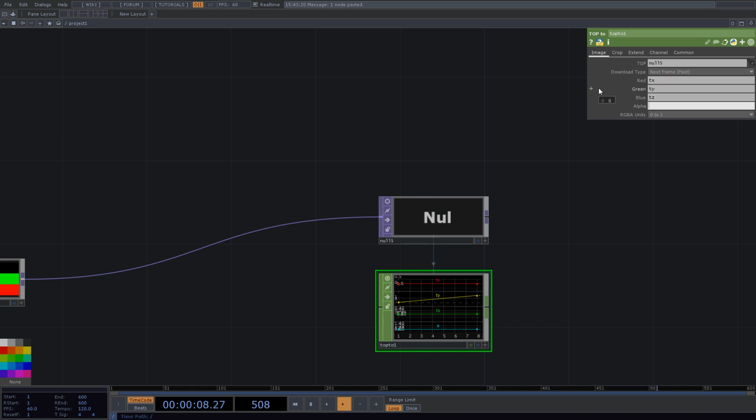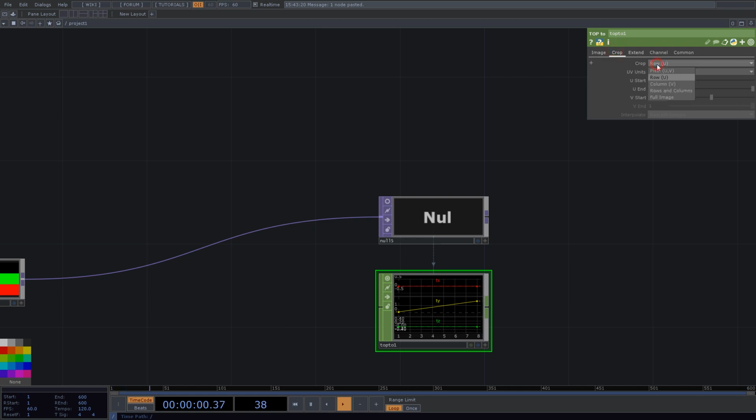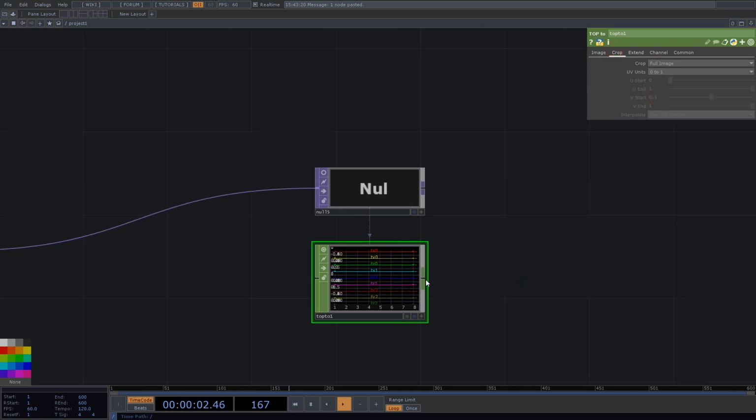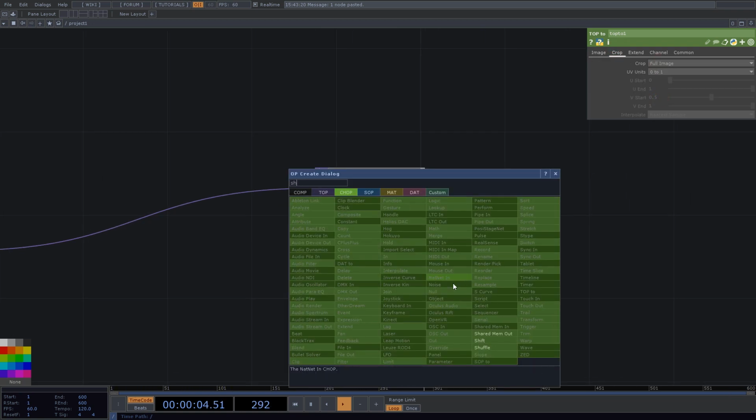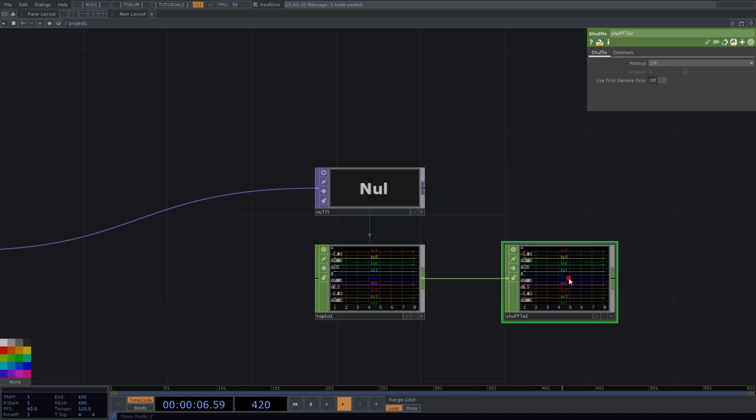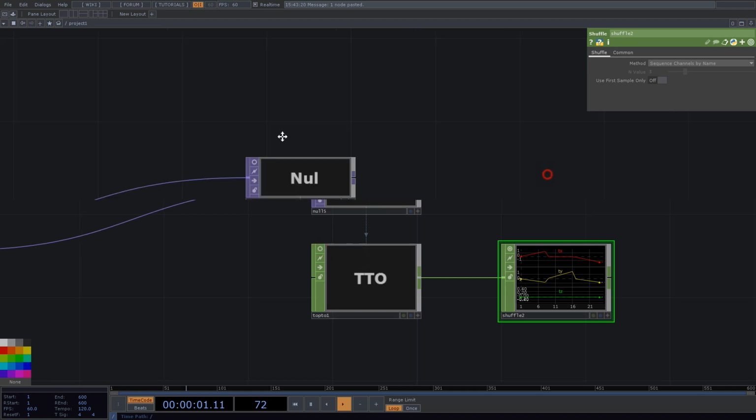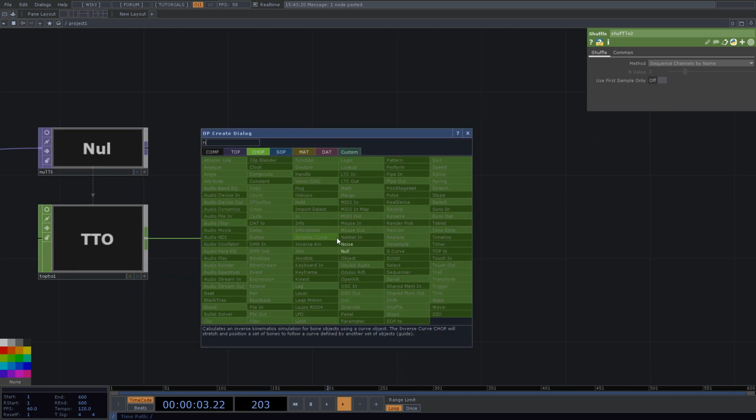We don't need alpha for now. Take full image and shuffle channels by name. Okay, null.